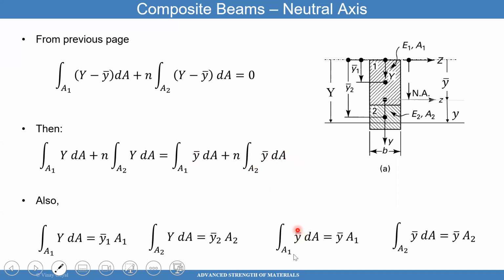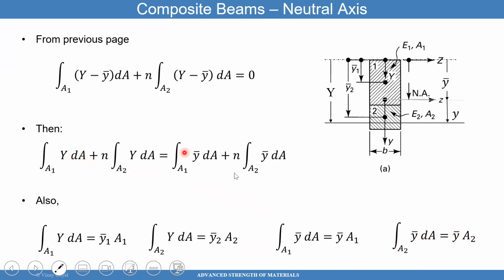What you notice is that Y bar is the location of the neutral axis or the centroid of the whole part, but Y bar is constant. Y bar comes out of the integral, and the integral of dA over A1 is A1. Same thing here, Y bar dA. Y bar is constant, it comes out of the integral, but the integral of dA over A2 is A2.